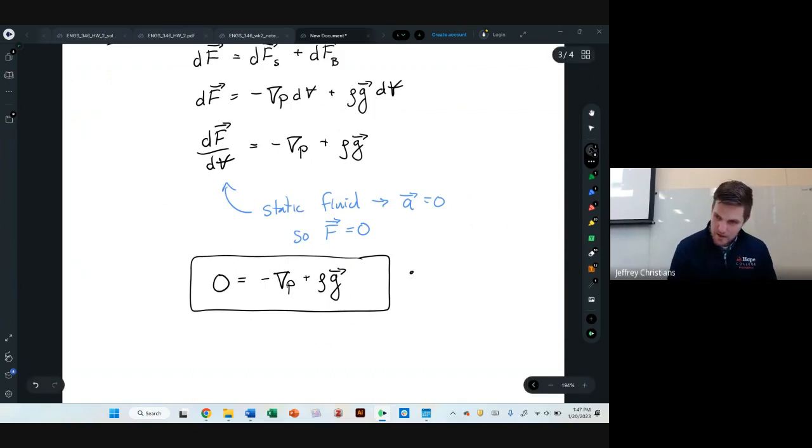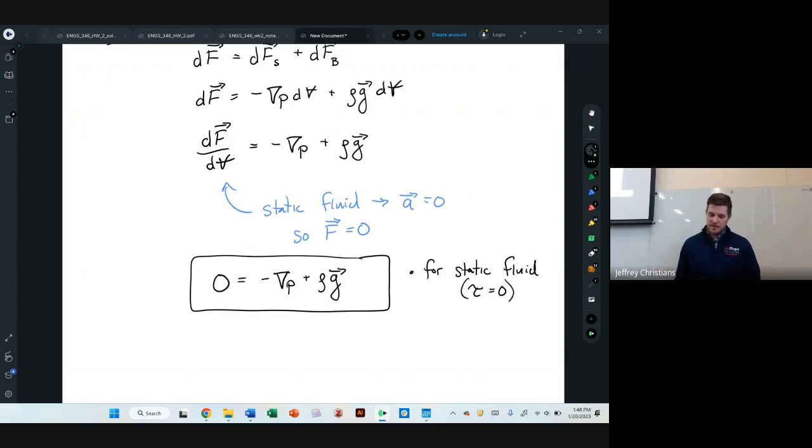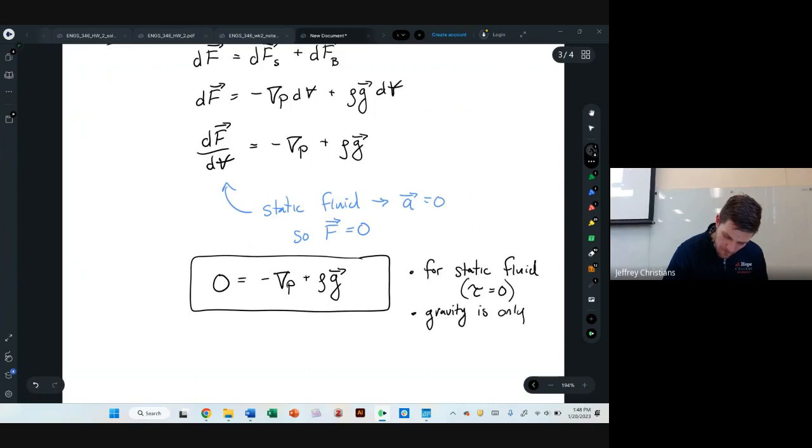We can maybe write two notes next to this so we don't misuse the equation. This is for a static fluid. By that, we mean there's no shear stress. And this is if gravity is the only body force.